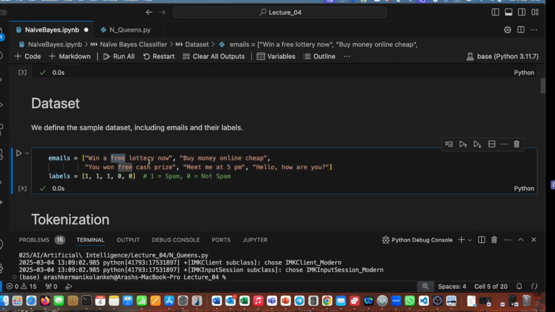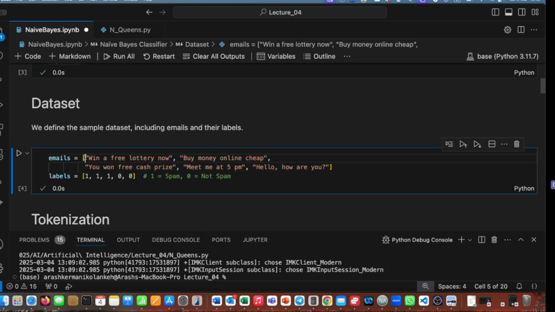how many times this characteristic has happened in the class spam? The word free, if I click on it, you see it 2 times. So in the class spam, we have this word 2 times. How many words do we have in total in the class spam? I think we should have around 17, 16. So each of them has 5, 6 words.